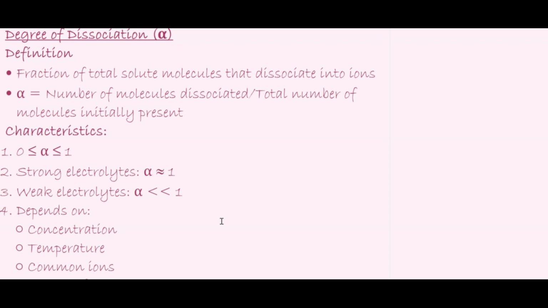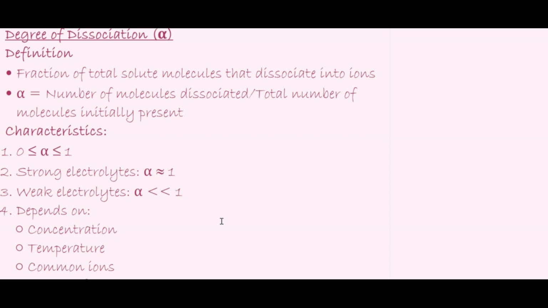Let's say the total number of molecules present in the solution is 50. Out of that, 25 are getting dissociated. That means 50% is the degree of dissociation. Alpha value is 50%.